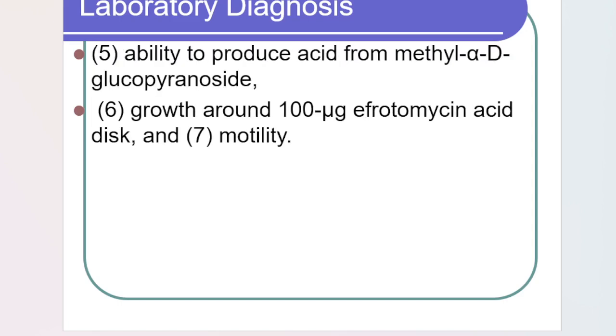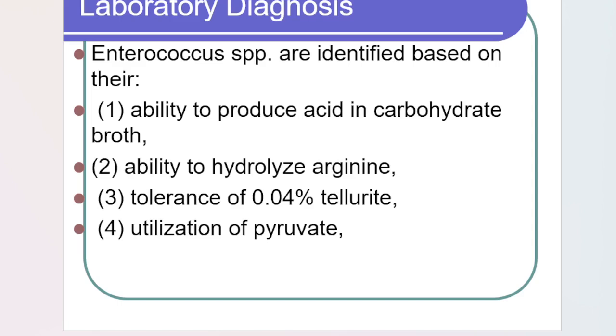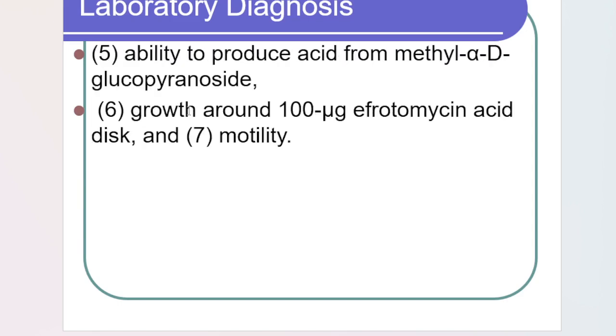They produce acid from methyl alpha-D-glucopyranoside, and they grow in the presence of 100 microgram erythromycin, and some are motile. Okay? Those are the identification characteristics of Enterococcus.